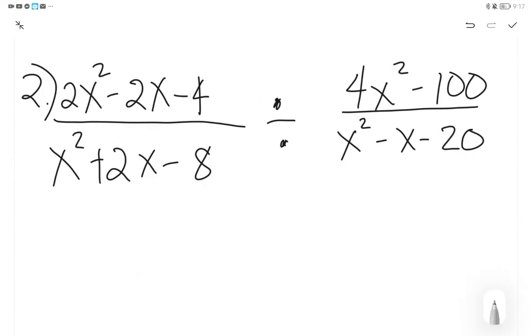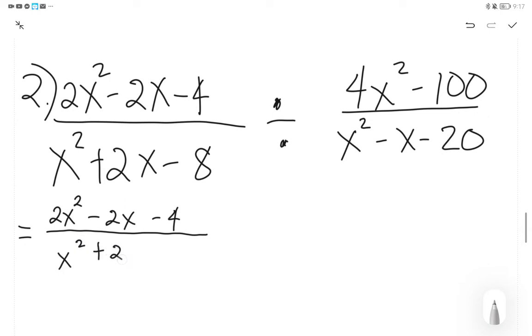Okay, now let's have example number 2. We have here 2x squared minus 2x minus 4 over x squared plus 2x minus 8. So, i-copy lang sa nato si dividend. Okay, ang first step is to get the reciprocal of the divisor.